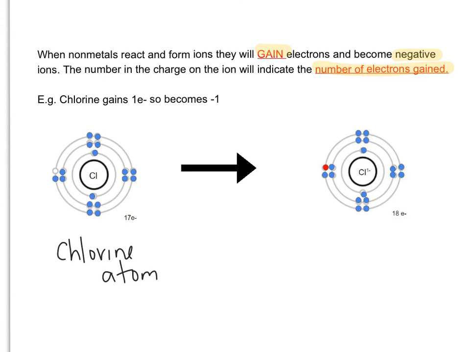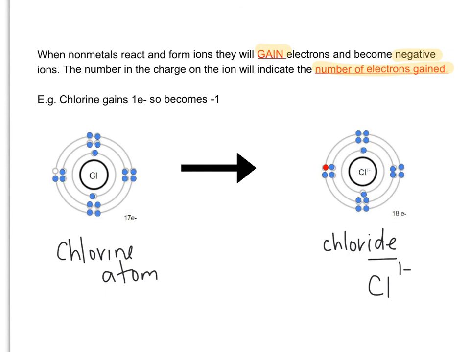So now it is a chloride ion. When you have a nonmetal, we change the ending to IDE. So now we have a chloride ion, and you have the symbol. It gained electrons, so it's negative. It only gained 1, so it's 1 negative. You can write -1 or 1 negative.